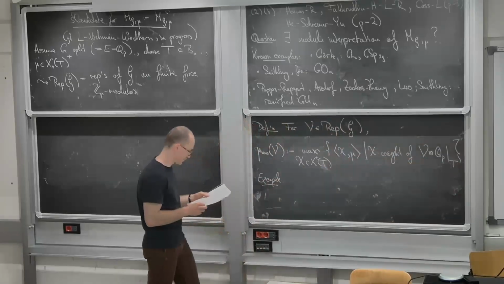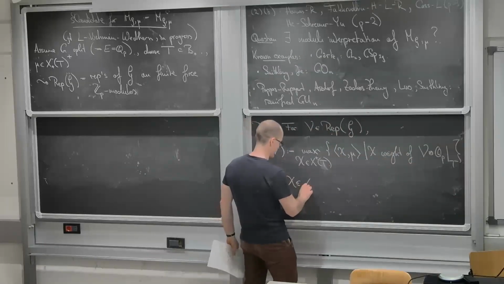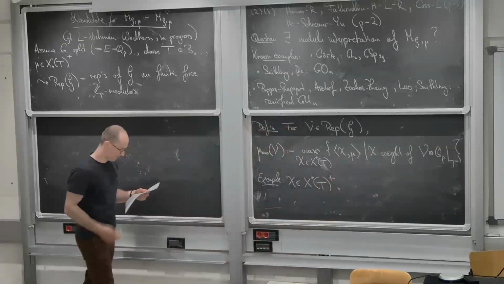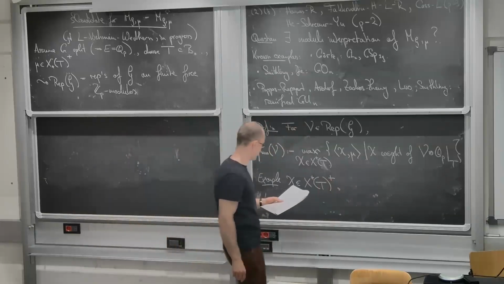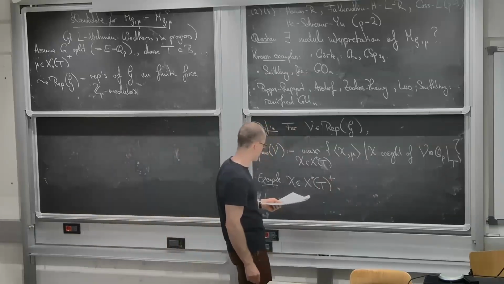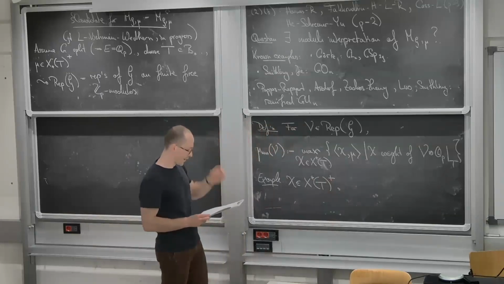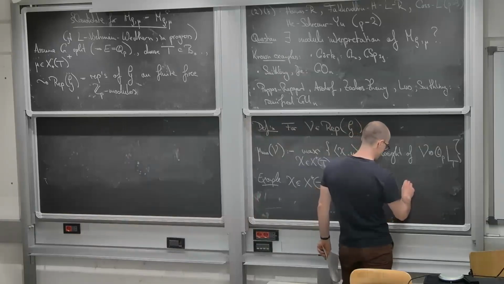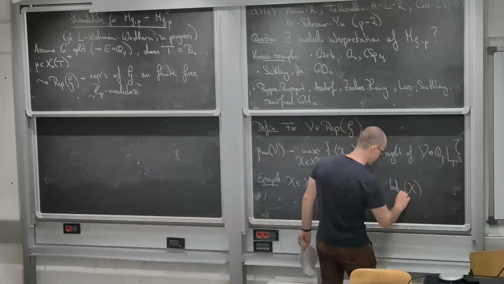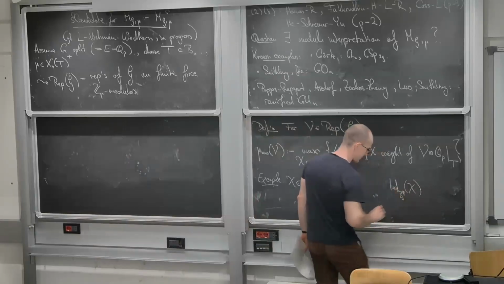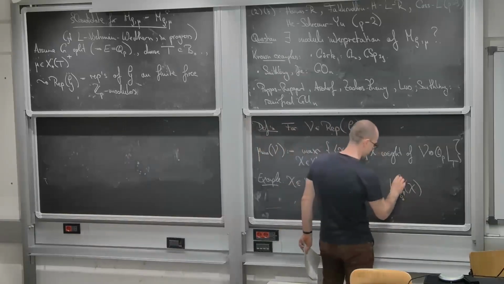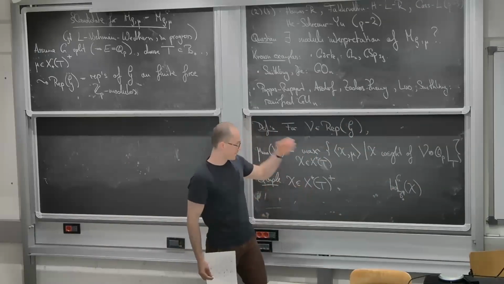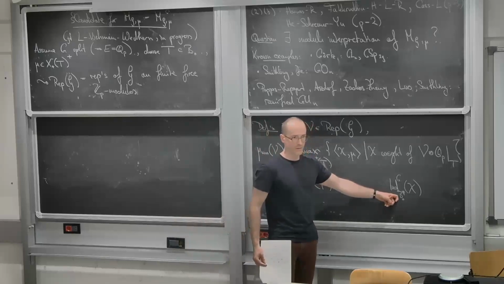And so, what is an example? Let's take a dominant character, and how do I get a representation? Simply by inducing that dominant character from the Borel, and if I want to end up with a representation of highest weight this given character, I have to induce from the opposite of the fixed Borel.